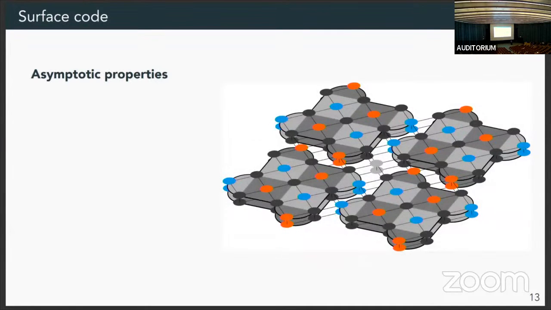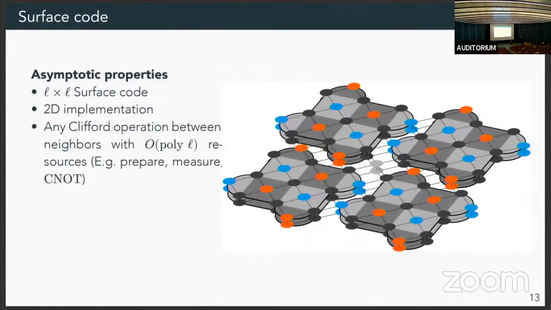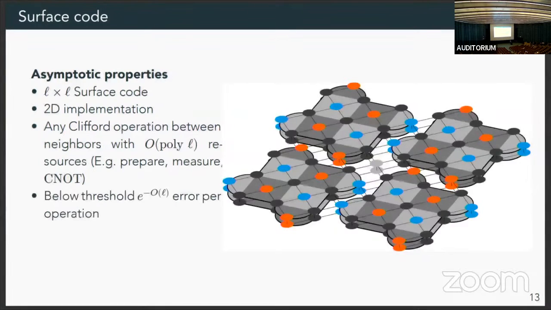Now for the surface code, you have an L by L surface code. This has a 2D implementation, and the only thing you really need to know is that we can do Clifford operations with polynomial resources. So we can compare, we can measure, we can do our CNOT, these sorts of things. And below the threshold, we have this exponential suppression in this parameter.